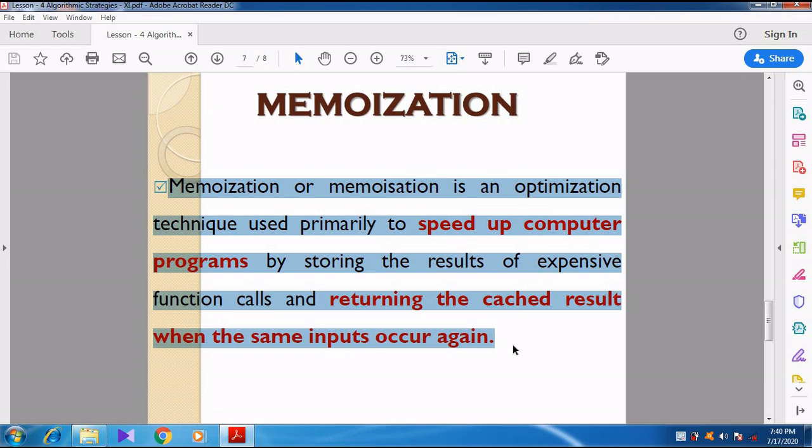So it will open in a very fast manner. You should not think that the internet is working very fast. Actually, the website is stored in your mobile or computer cache memory, right? It is similar to memoization. I tried to explain a real-time example. So the memoization technique is also like the same thing, right?